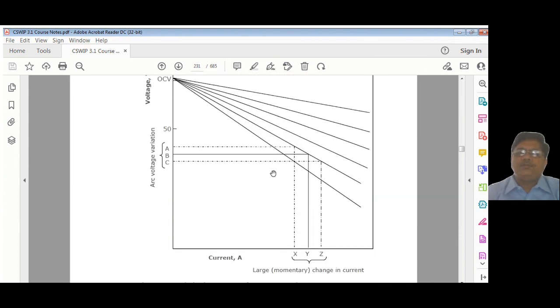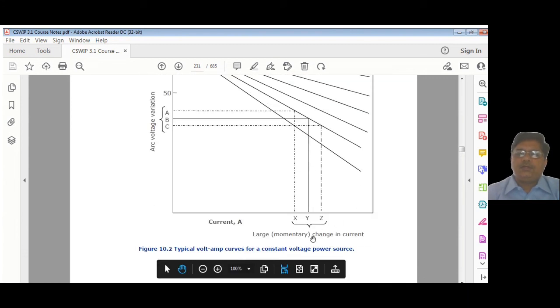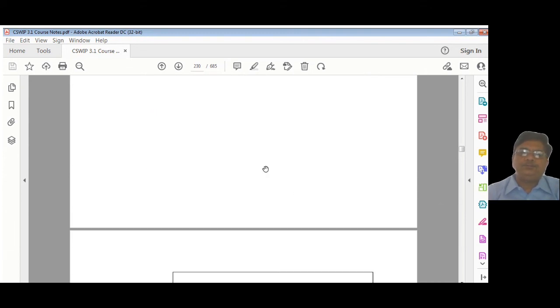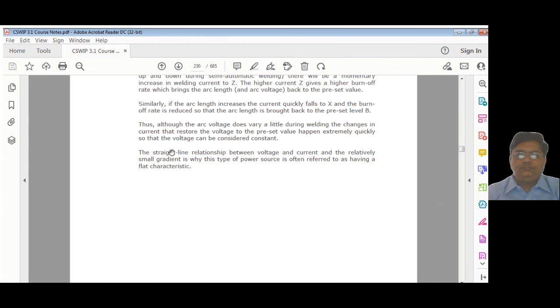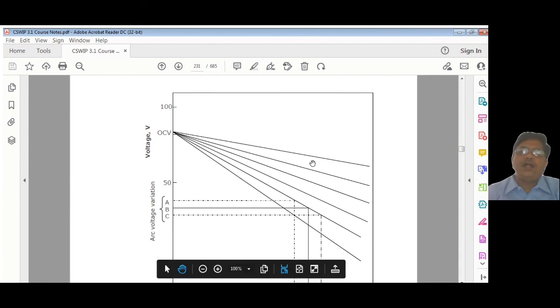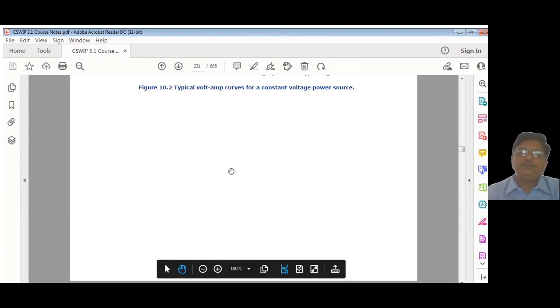So during the welding, whatever change you make will have a big impact on the current. The straight line relationship between voltage and current and the relatively small gradient is why this type of power source is often referred to as having flat characteristics. Since it is not drooping, it is flat, almost straight.